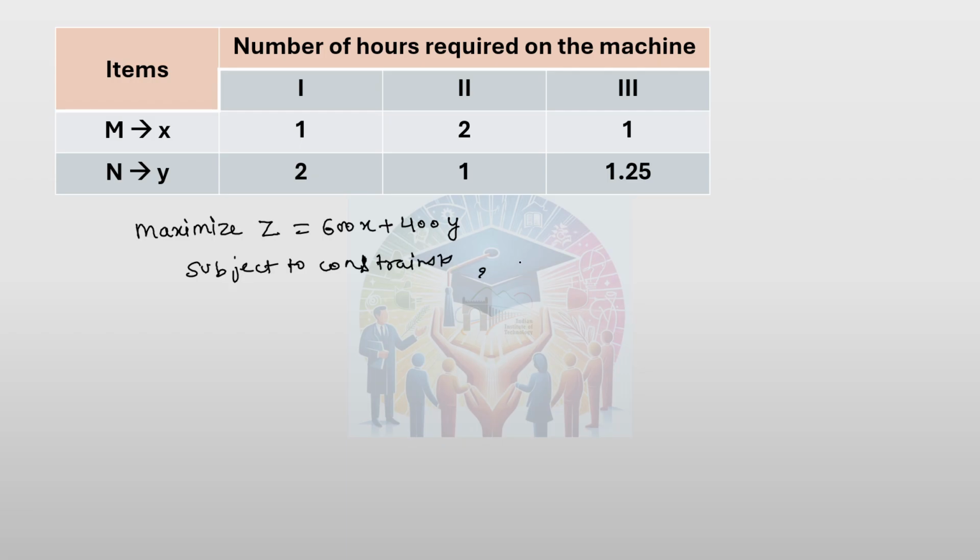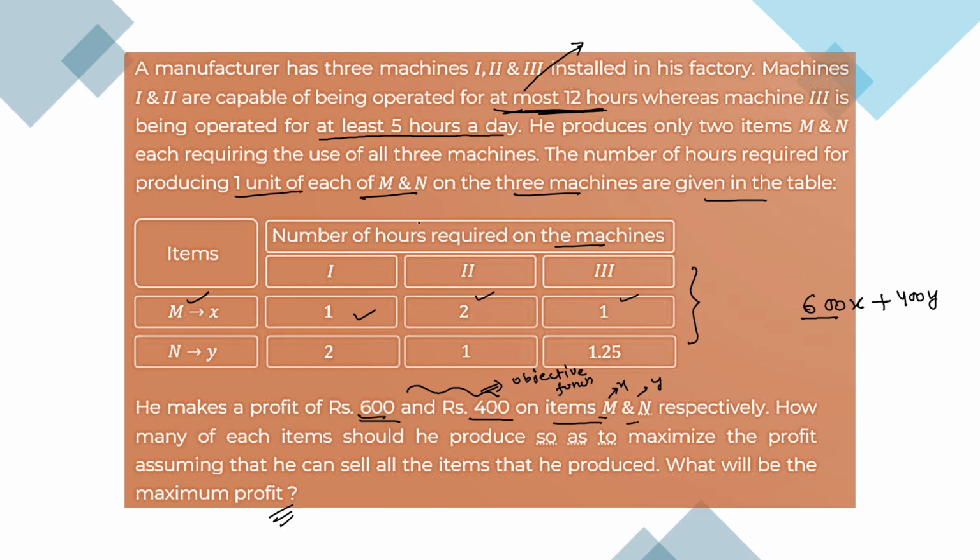First constraint is that, of course, X is greater than or equal to 0, Y is greater than or equal to 0, because negative selling cannot be done, right? Negative production cannot be done. Then the first equation we are going to write: X plus 2Y, because the question is saying machines 1 and 2 are capable of being operated at most 12 hours.